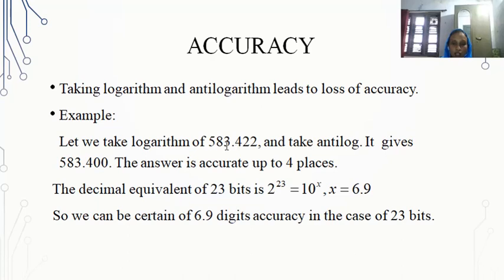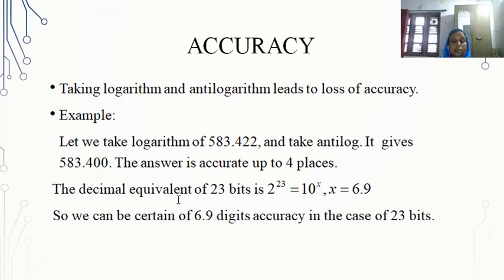If you take the logarithm and take the anti-log, you get 583.400, not 583.422. So what happens? Our answer is not wrong. It is correct up to 4 decimal places.